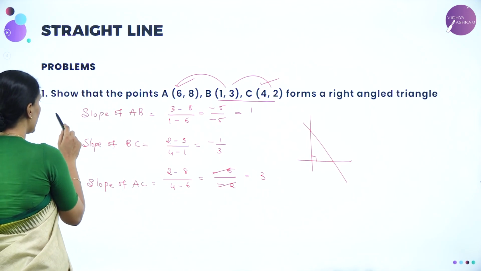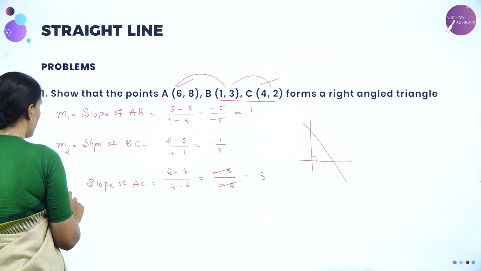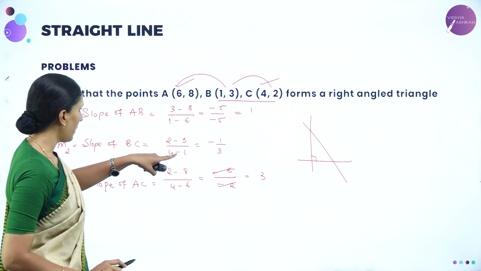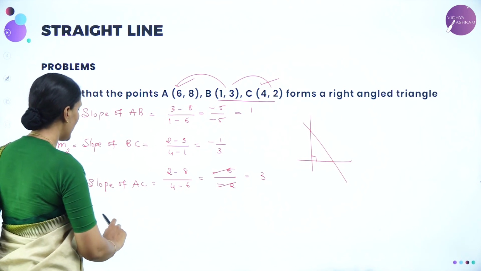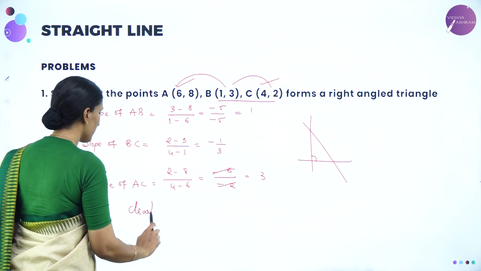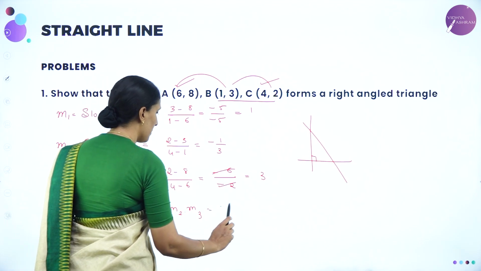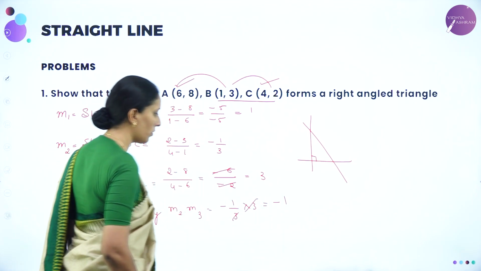Now let me consider these as M1, M2, M3. If we multiply M1 and M2, we will not get -1 as a product. Let's multiply M2 and M3. So M2 into M3, which is -1/3 into 3. We are getting the product equal to -1.